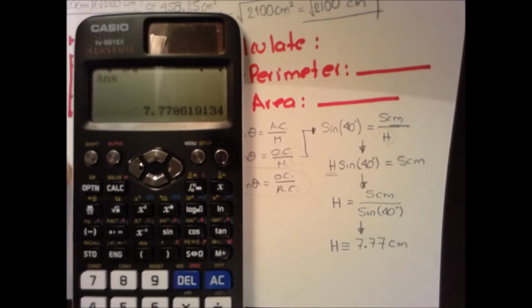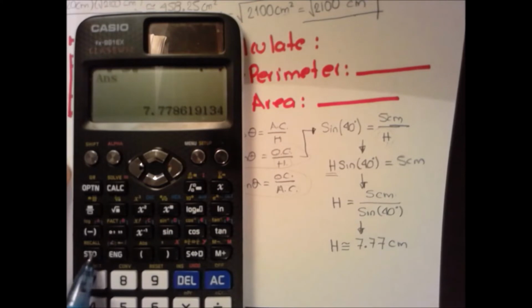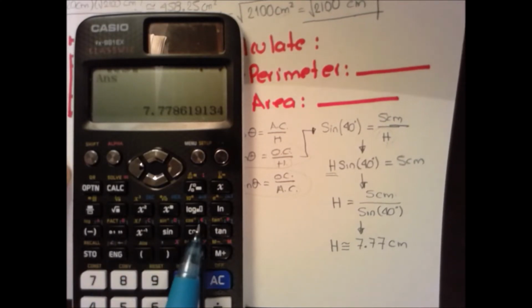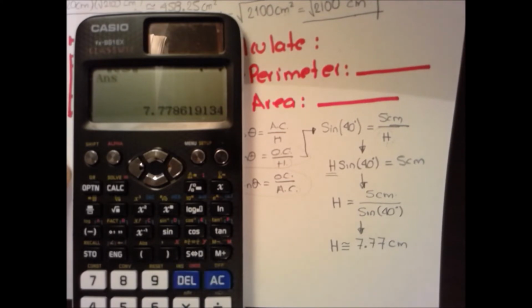Look at this. What I'm going to do here is just press this key STO, storage, and then select one of the letters that we have over here. They are the purple letters: A, B, C, D, E, F, X, Y. Just select one. In that case, I'm going to select A, and look at this.